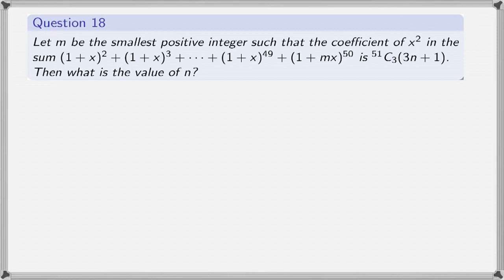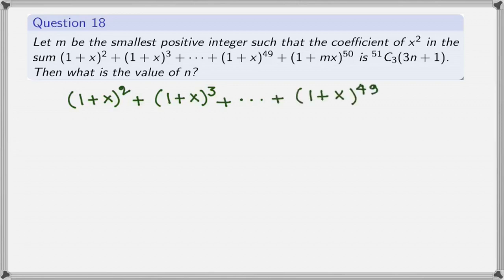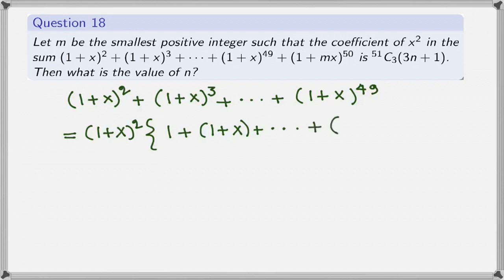Let us first write the sum (1 plus x) whole square plus (1 plus x) whole cube plus so on and so forth up to (1 plus x) whole to the power 49 as (1 plus x) whole square into (1 plus x plus so on and so forth up to the last term) (1 plus x) whole to the power 47.